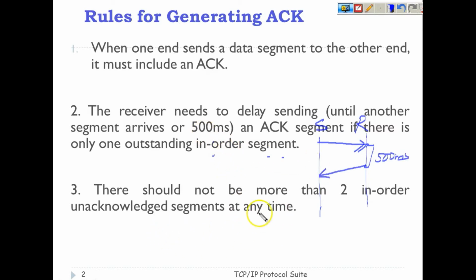But rule number 3 says that if two packets come from the sender and reach the receiver, it should not wait for 500 milliseconds, but immediately acknowledge. Any two packets reaching the receiver side need to be acknowledged immediately. This is rule number 3 of acknowledgement.